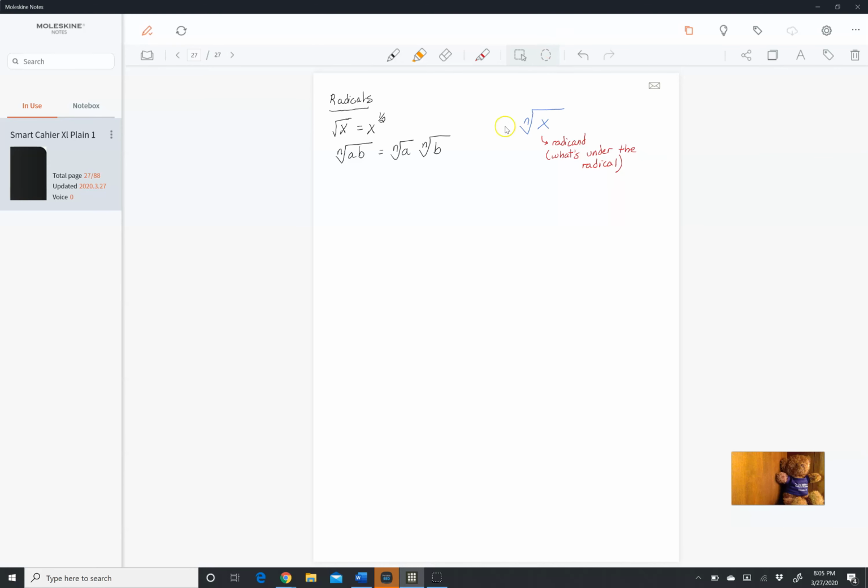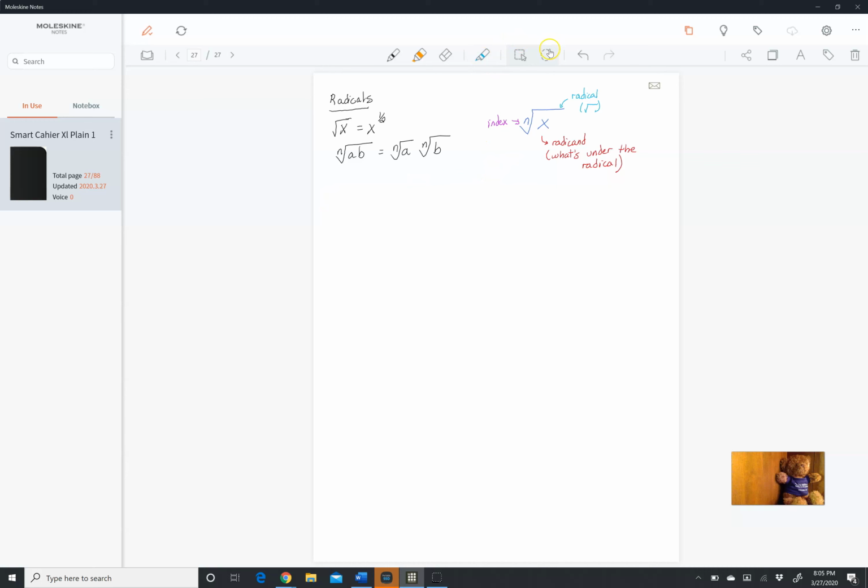Okay, this number here, the n, that's called our index. And the symbol that you see here that we keep saying radical, that is a radical. Okay, radical is just anytime you see this symbol here.